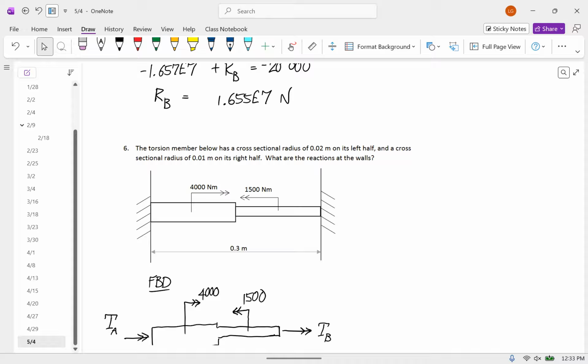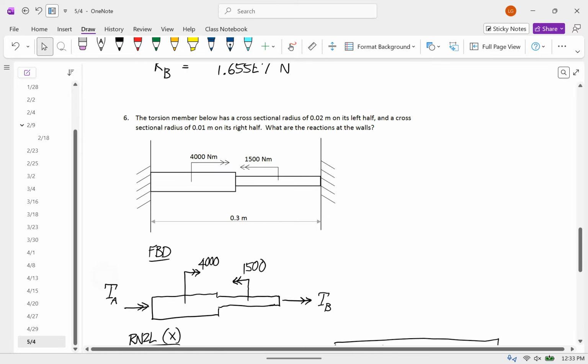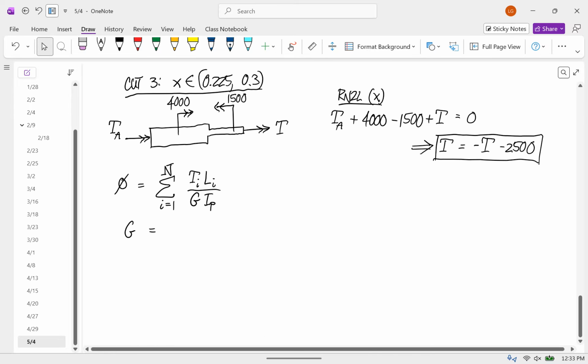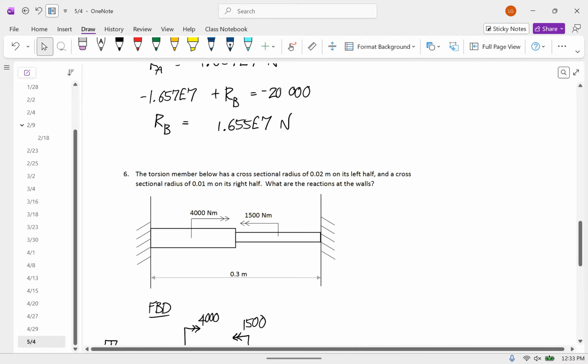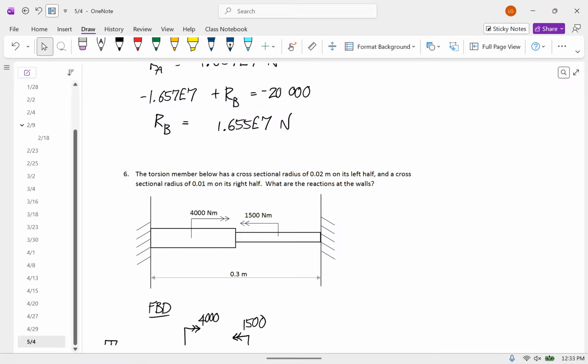The I sub P is going to be different for the different parts. So that G is irrelevant, and that's why it isn't given. This answer would be the same if this was hard rubber as it would if it was steel, as if it was anything. That's what it means that G is canceling out.